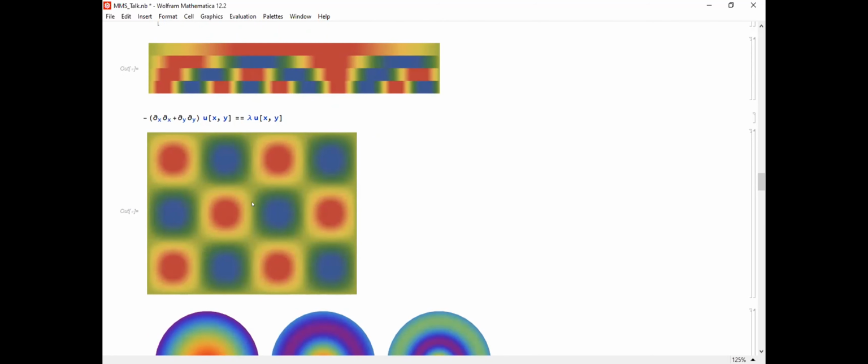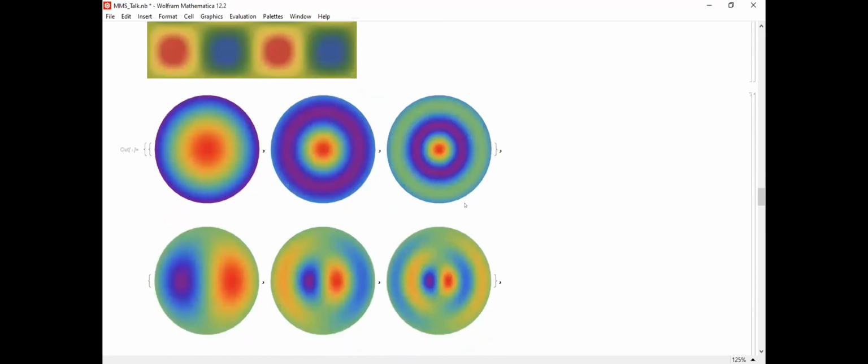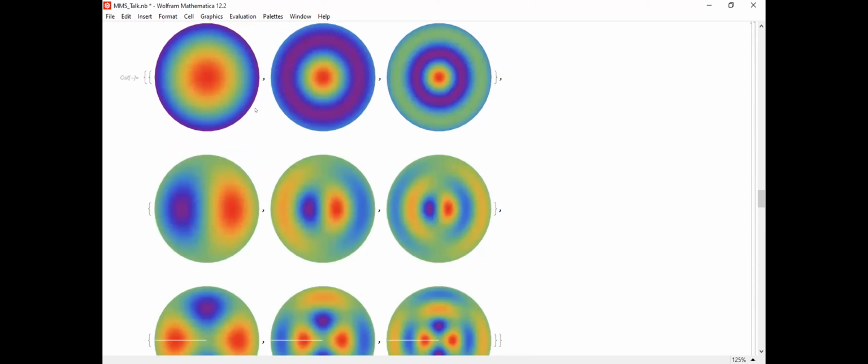Okay? As long as the region, this domain, is bounded, as long as it doesn't go to infinity, you're going to end up with a number of eigenvalues associated with that domain. Okay, you can pick any domain you wish. For example, you can pick a disk, right? These are the eigenvectors corresponding to this disk, okay?